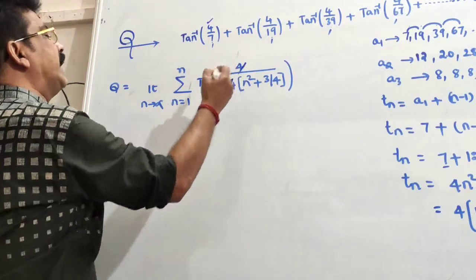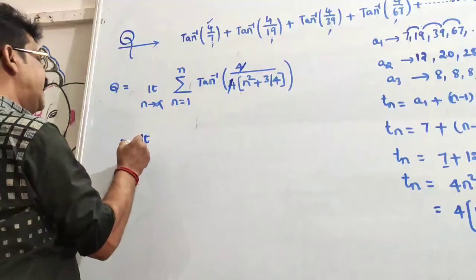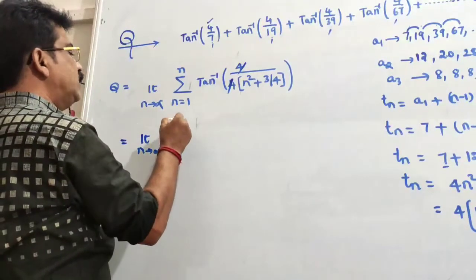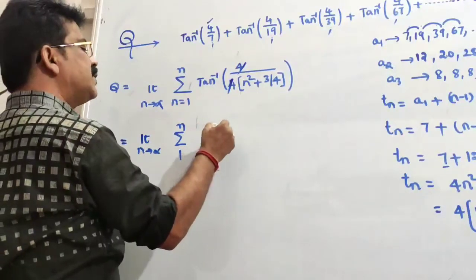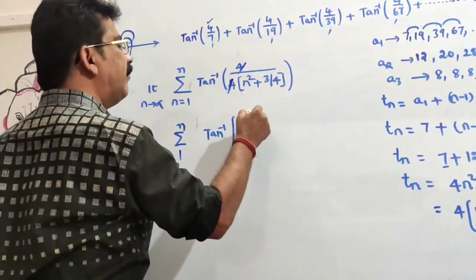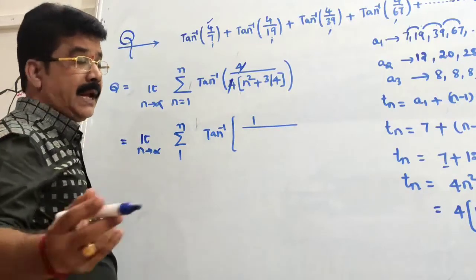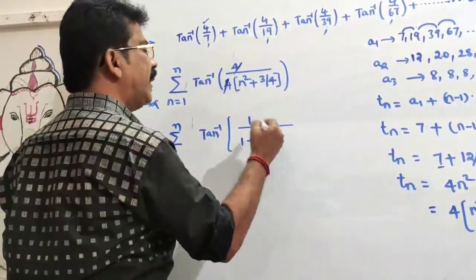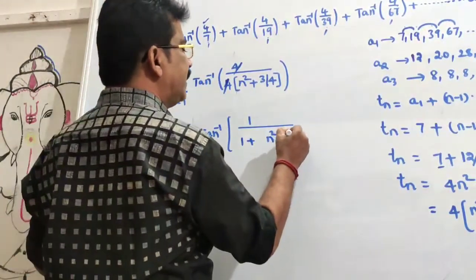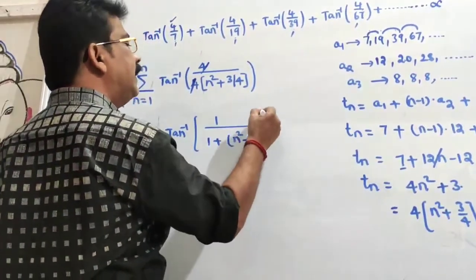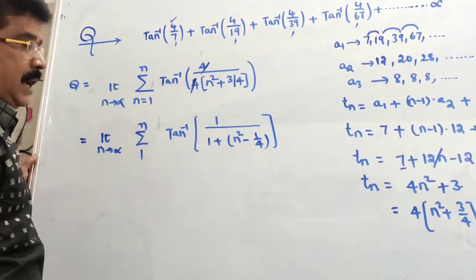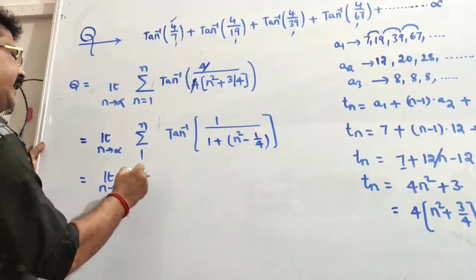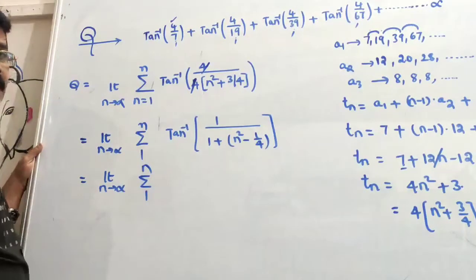Anyhow, 4 is cancelled. Then it remains the limit as n tends to infinity of sigma 1 to n of tan inverse of 1 divided by 1 plus n square minus 1 by 4. We can write like that. You can ask me, sir, what is the need of writing like that?